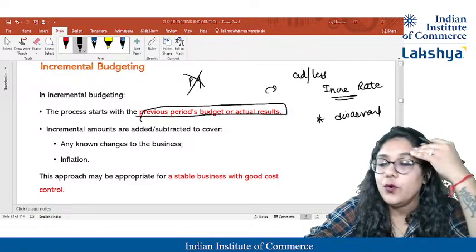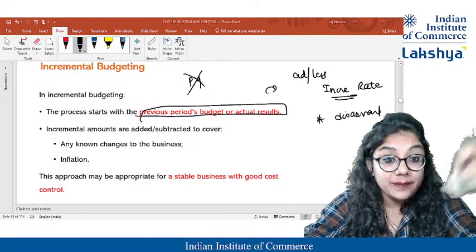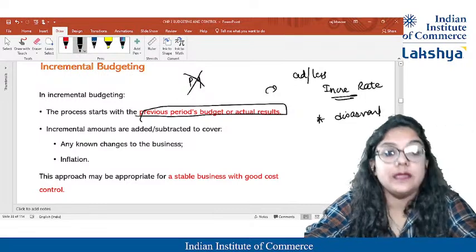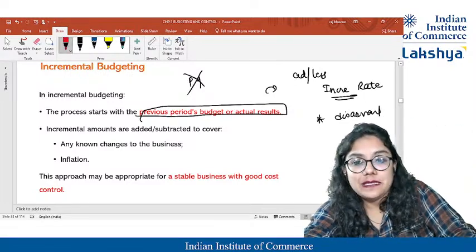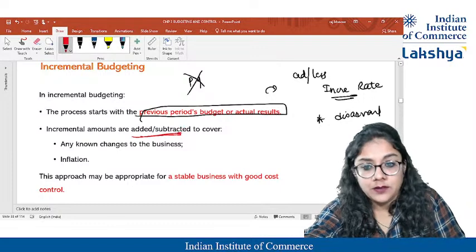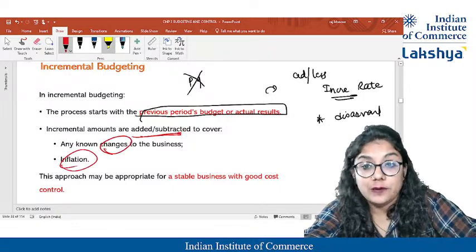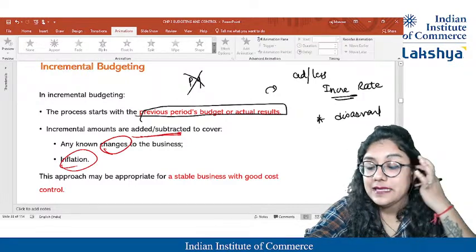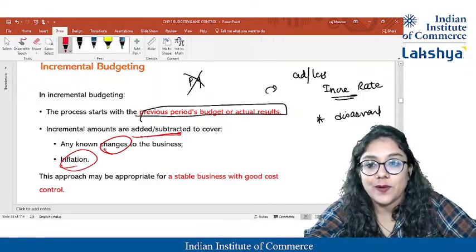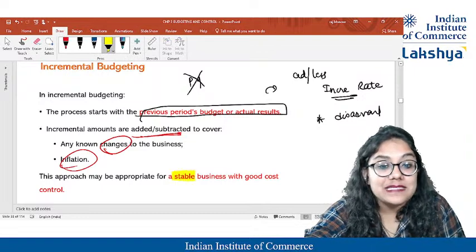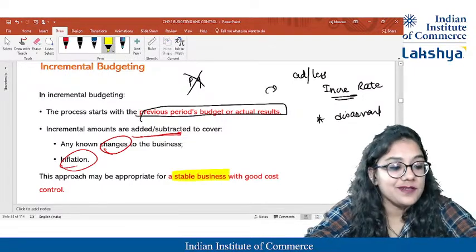Oh my God. Don't you think the mistakes will be compounded? The mistakes will be added more and more. So incremental amounts are added and subtracted towards any change or maybe the inflation. Now this is important: this is an approach which has been developed in a stable business with good cost control.